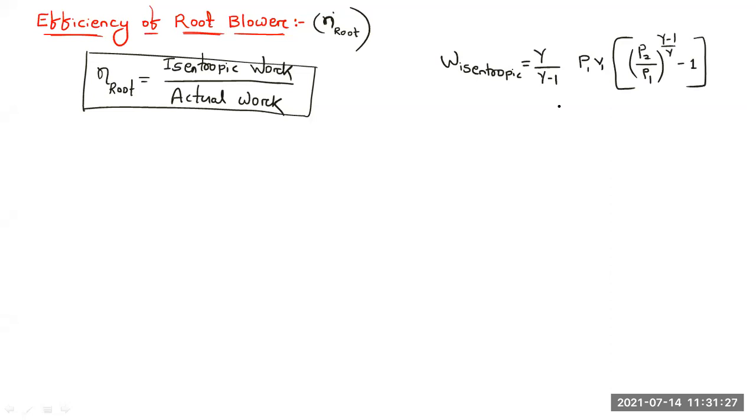So this is the isentropic work, or you can say the ideal work. An isentropic process is also an ideal process. Now, what is the actual work of the compressor?